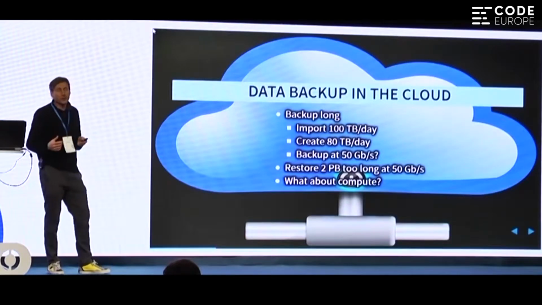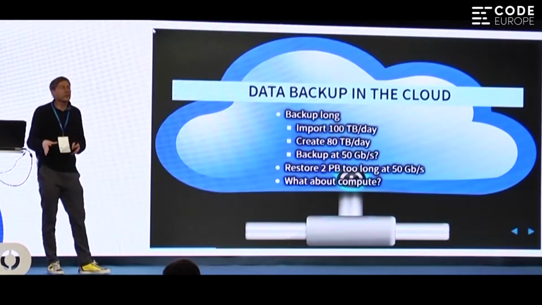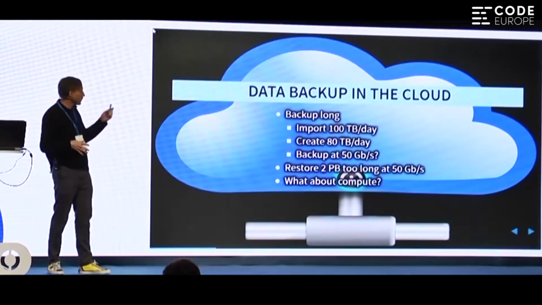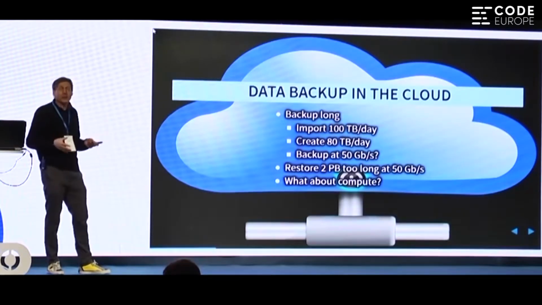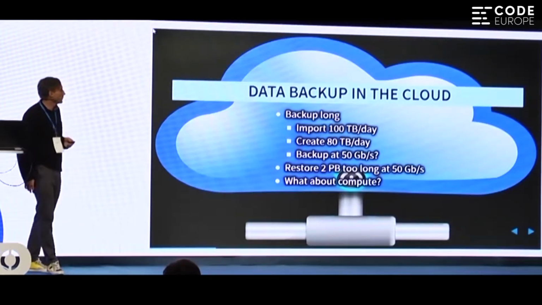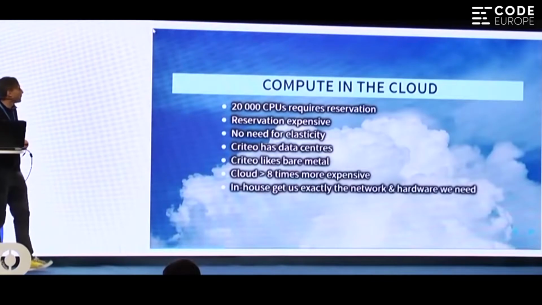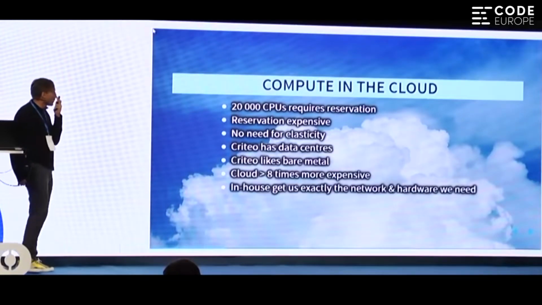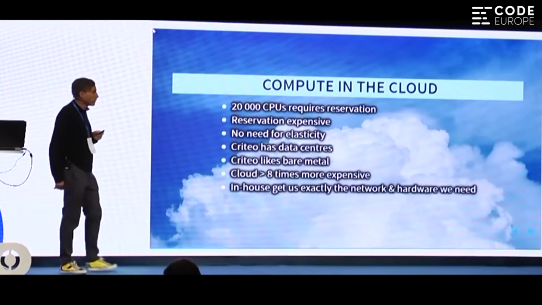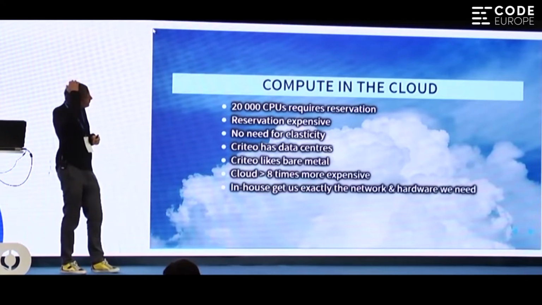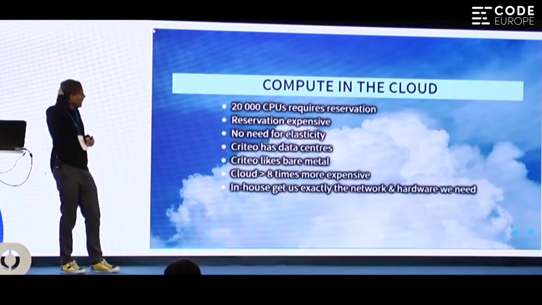And of course, we need the compute because these nodes have storage and compute. And so if we lose the data center, not only do we lose our petabytes of data, but we also lose the thousands of CPUs of compute. We worked out what it would cost to do the compute in the cloud. We'd have to reserve 20,000 CPUs, which costs a lot of money.